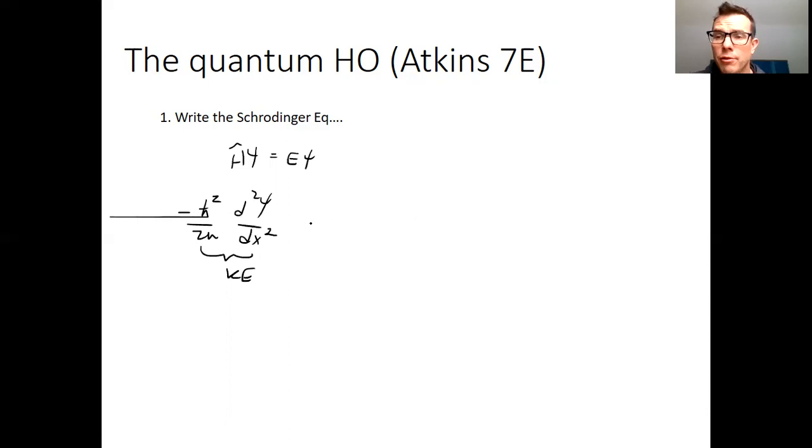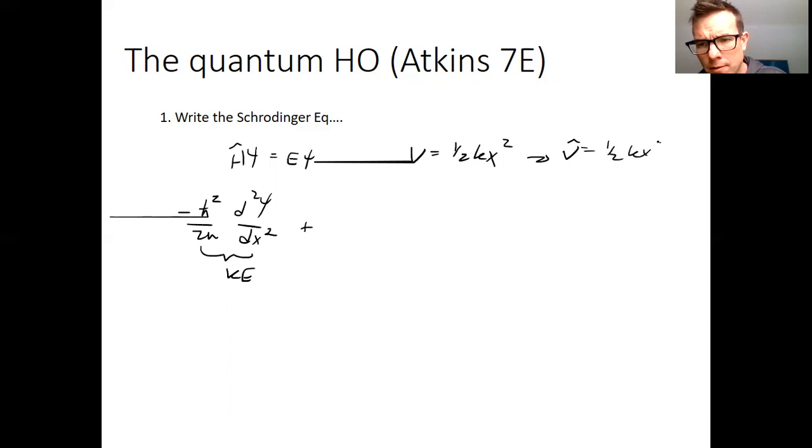And then unique to this case, or new to this case, is a potential energy term. I think I said kinetic energy, but I meant potential. Potential energies for harmonic oscillators are 1/2 kx squared. And so the quantum mechanical operator is 1/2 kx squared.